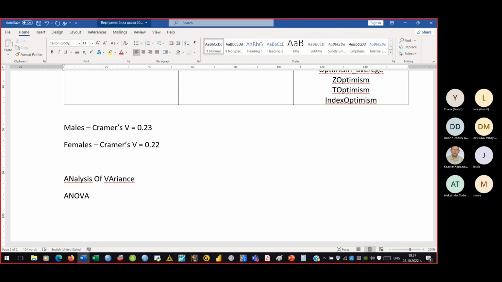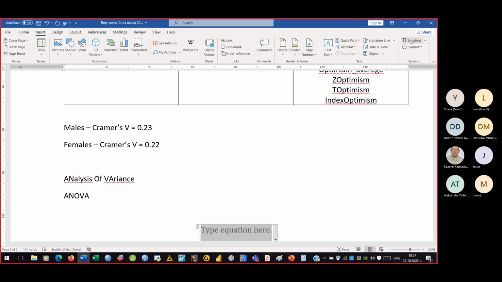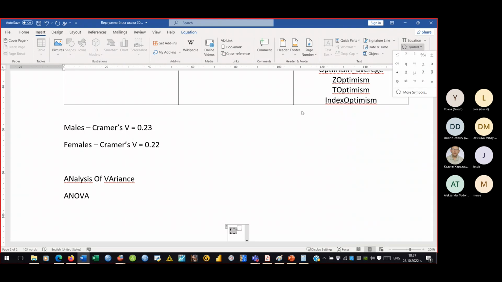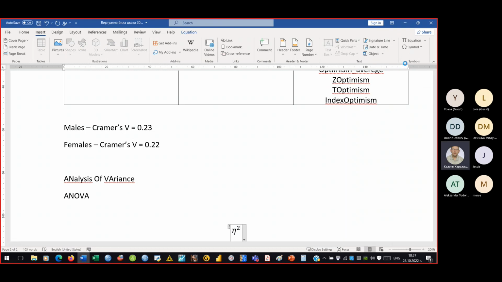So eta squared is 0.013. This is 1.3%. That means that 1.3% of variance of optimism is explained by marital status.